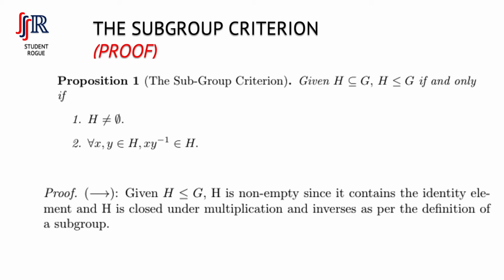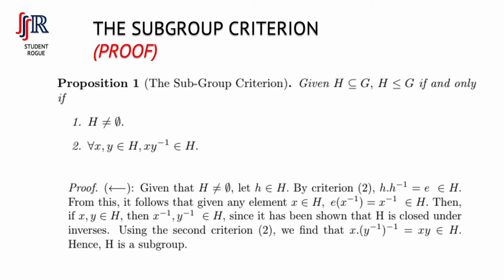Given elements X and Y, it's true that X inverse and Y inverse are also in H, since H is a subgroup, which is closed under inverses. So given that X and Y inverse are both in H, it's also true that X times Y inverse is in H, because H is a subgroup closed under multiplication. So the rightward implication holds.